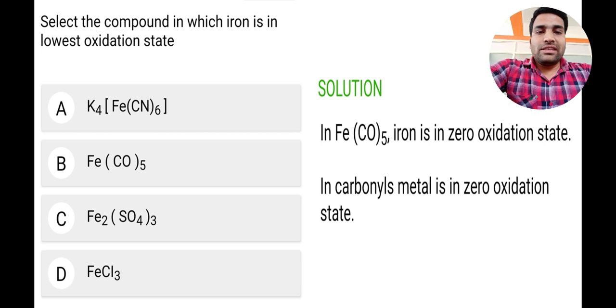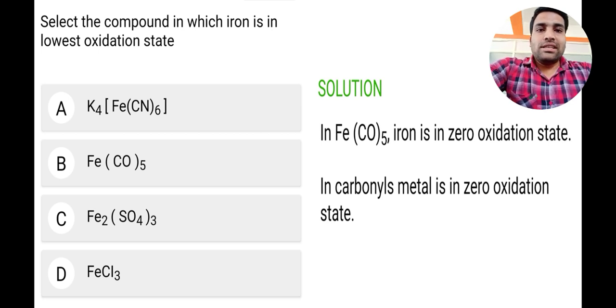if the first one dissociates, that is 4K+ and Fe(CN)6 4-. And in case of Fe(CO)5, CO is in zero oxidation state, and iron is in zero oxidation state. So in metal carbonyls, metals are in zero oxidation state. Next, option C, Fe2(SO4)3, here Fe3+ and SO4 2-.